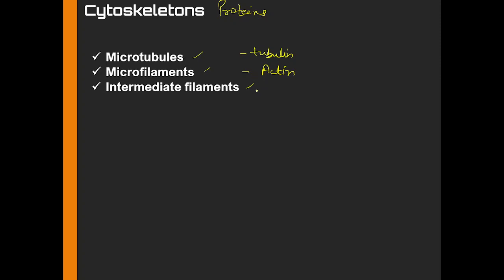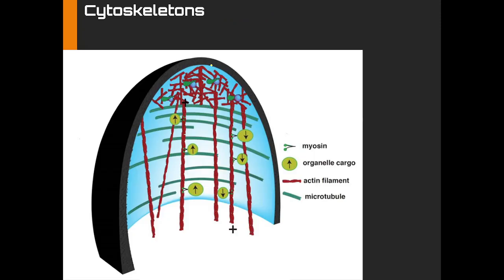The categories are based on size, and among all three, the microtubules are the most abundant one. We will see that in a moment.